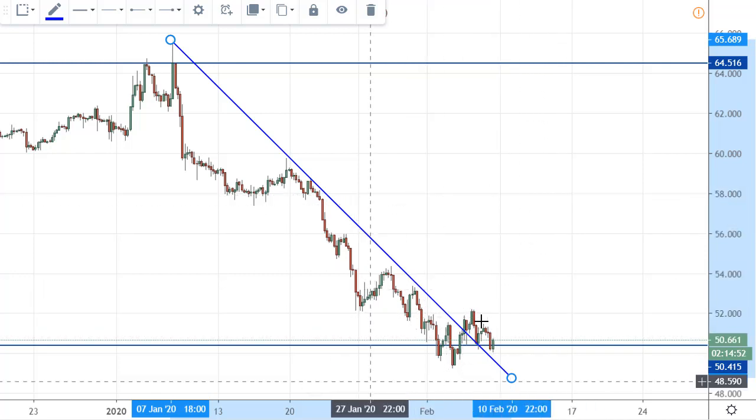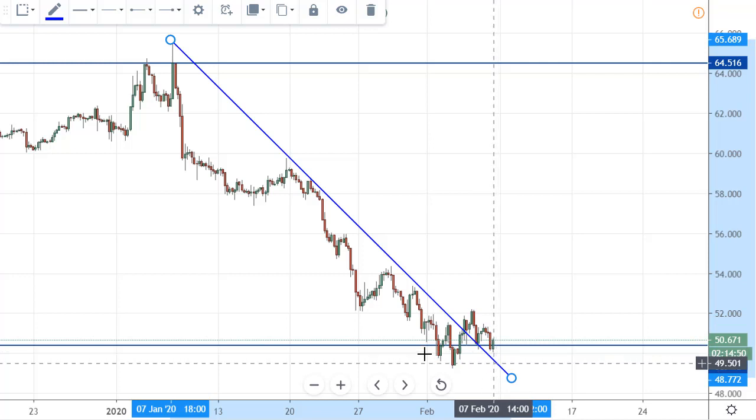So I am not taking any shorts at the moment. Price is at a very important level and consolidating as well. So the thing I'm doing here is let's see if I can get myself an entry to the upside.